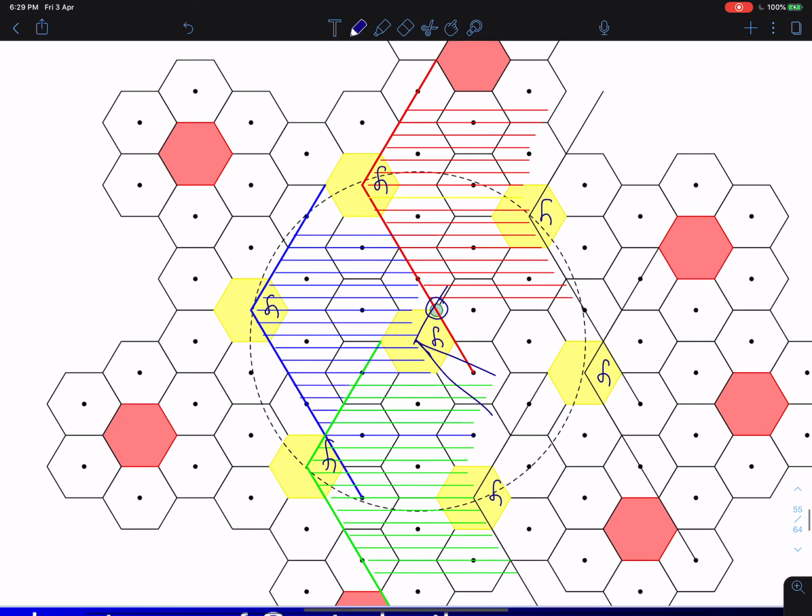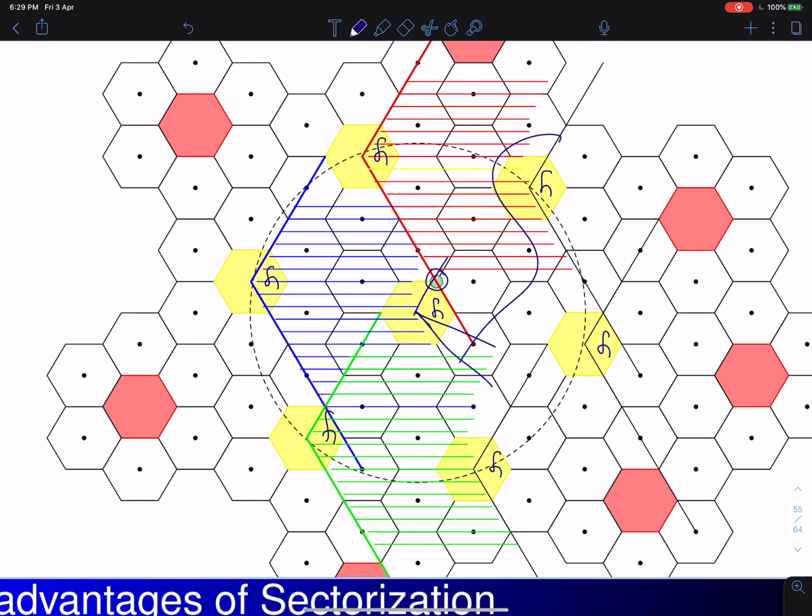Now if you see, these 3 base stations are not going to generate interference because they are going to radiate in the other direction. The ones which are going to cause interfering radiation to the user here in the first base station, which we are interested in, will be only 3. It's reduced nearly by half.